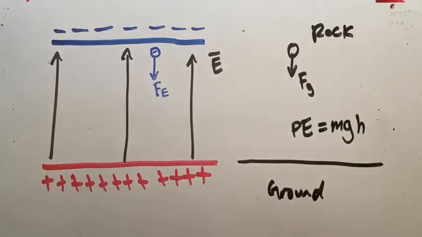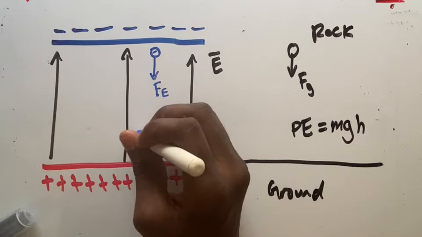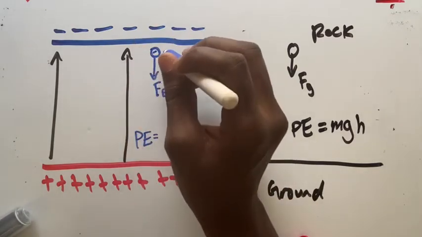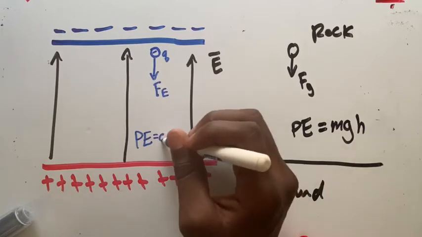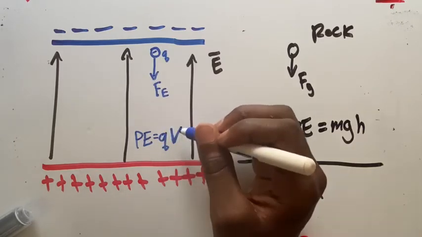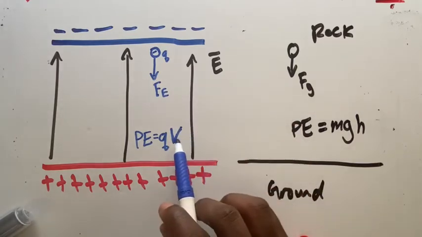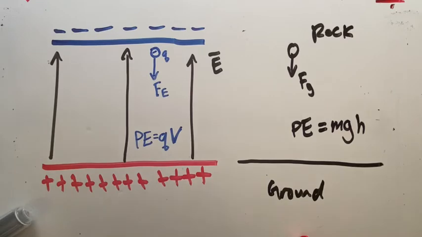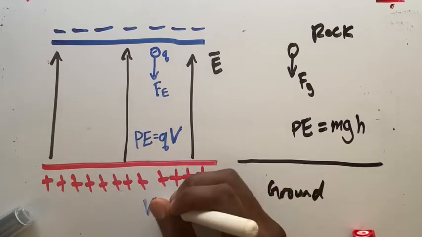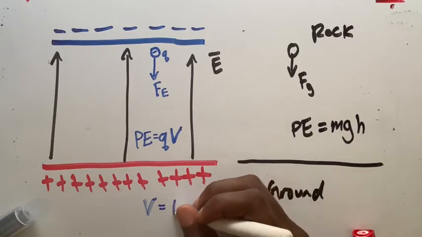And here, the potential energy is given by the charge times V, where V is what we call the electric potential, not the potential energy, but the electric potential.